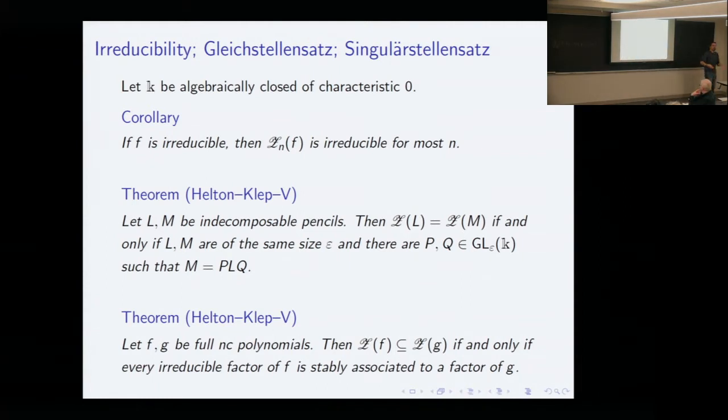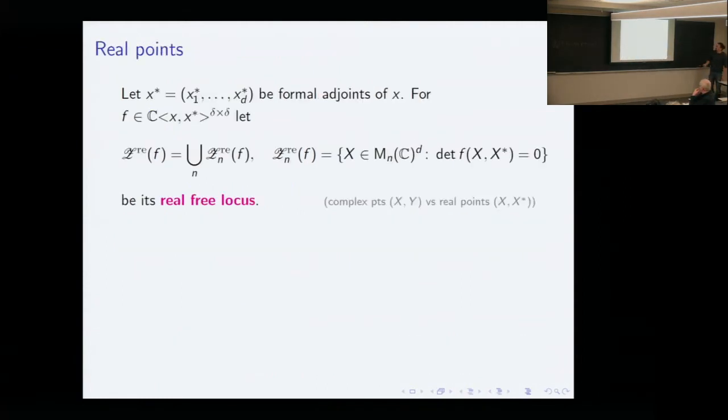So let's now also add another set of variables, which I'm going to call x stars. These are going to be formal adjoints of the variables x. Now if I have a polynomial that has variables from x and x star, I'm going to assign to it its real free locus. These are all tuples of matrices x such that f of x, x star is singular.